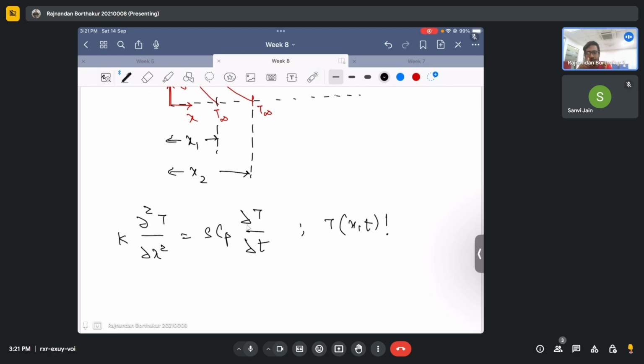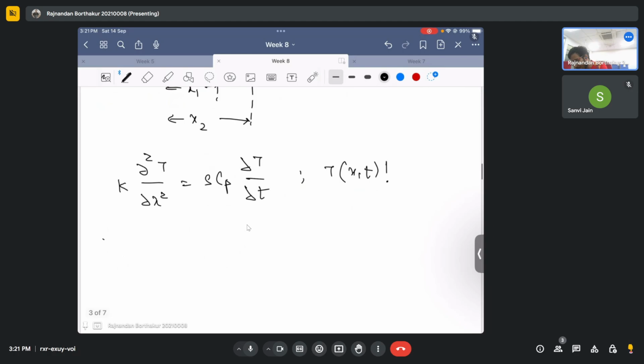If you bring this K to the other side, it becomes del square T by del x square equal to rho Cp by K times del T by del t. This ratio of K by rho Cp, as we saw in the last class, is known as the thermal diffusivity. So this becomes 1 by alpha times del T by del t.